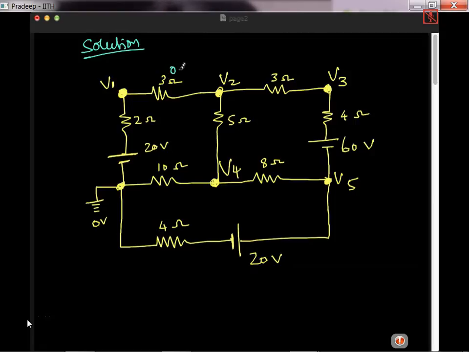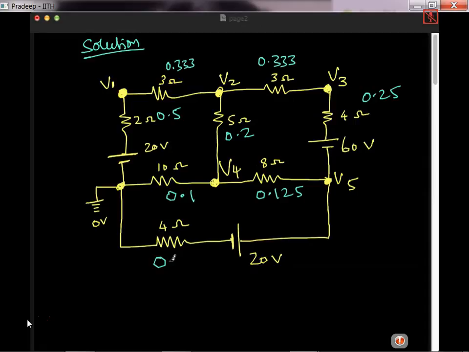It is 0.333. What is 1 by 3 here again? 0.333. 1 by 5 is 0.2, 1 by 4 is 0.25, and 1 by 2 is 0.5, and here 1 by 10 is 0.1, and 1 by 8 is 0.125, 1 by 4 is 0.25.